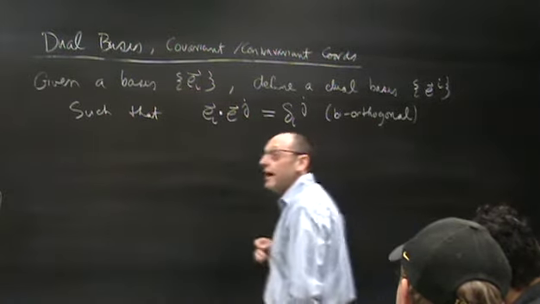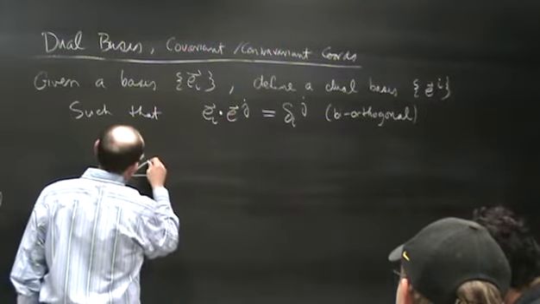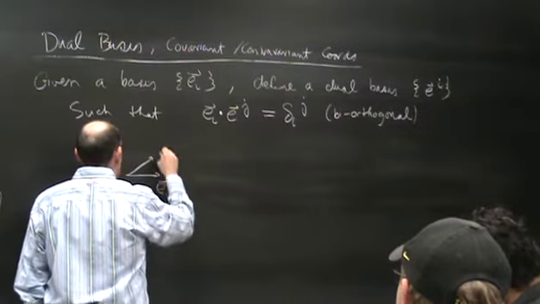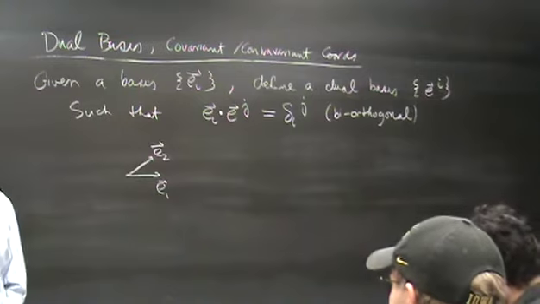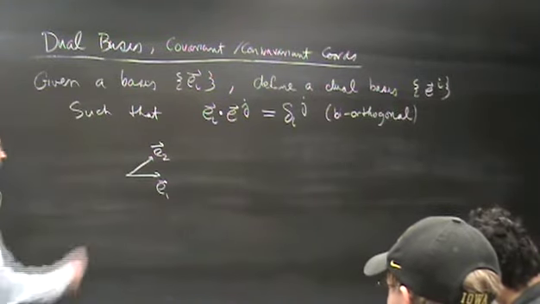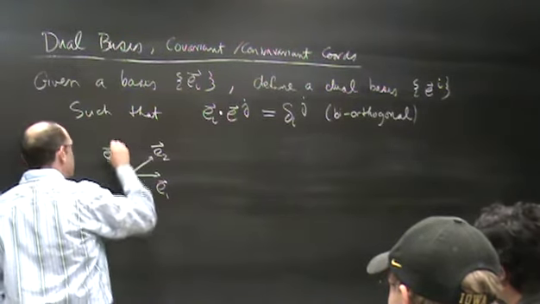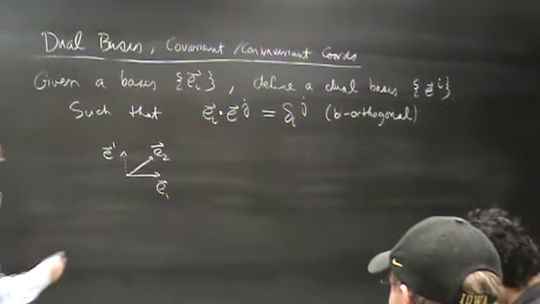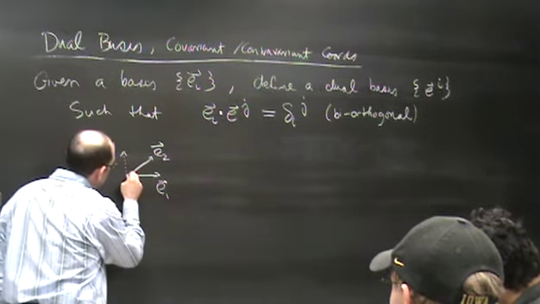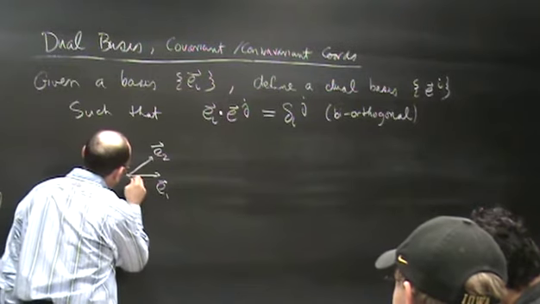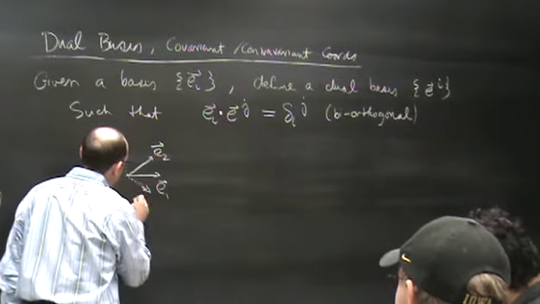So, for example, if I draw my original basis, what does the dual basis look like? Well, here it is. This is my E1 superscript. It's perpendicular to this. And E2 superscript is that guy.